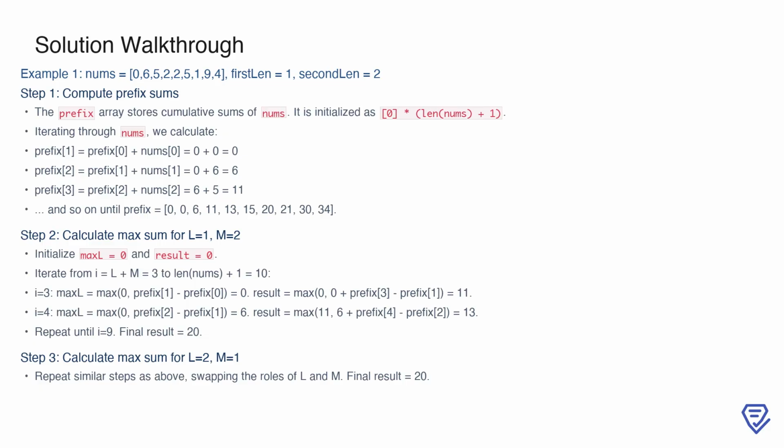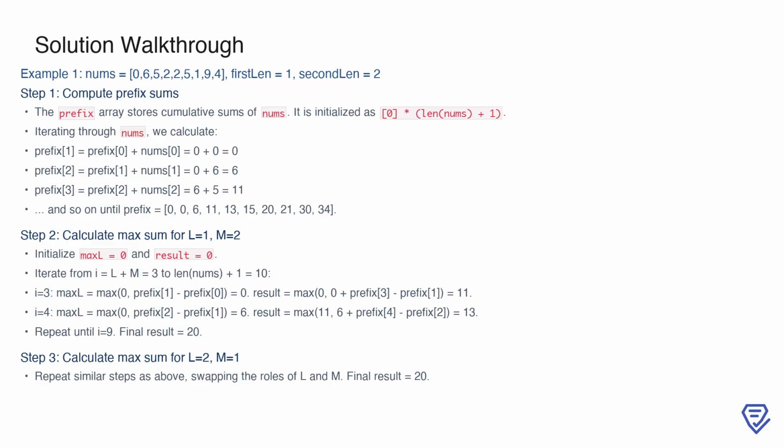For instance, the first value remains 0 because no elements are included yet. For the second value, we add nums[1] to prefix[0], giving us a cumulative sum of 6. Continuing this process, we eventually construct the prefix array as 0, 0, 6, 11, 13, 15, 20, 21, 30, 34.